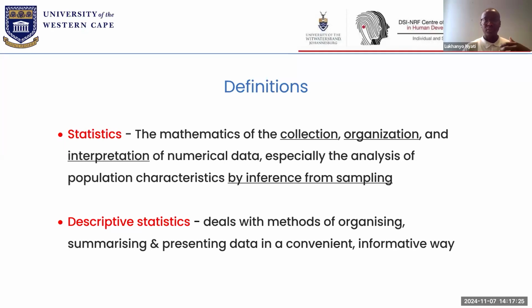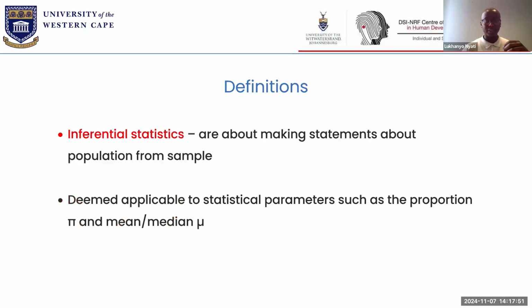You want to describe your demographic characteristics, and if you are measuring any clinical characteristics, you want to describe those as well. So you're describing based on the characteristics of the variables that you have collected. You will then summarize your data in a convenient, presentable and informative way, and we'll discuss a little bit later what that means.